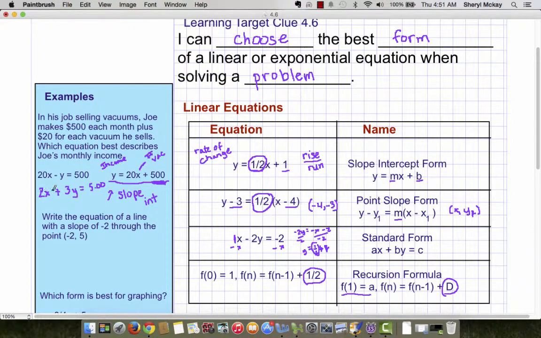And so X would be the price of the hamburgers, Y would be the price of the French fries. So in this situation, using standard form is better, okay? But neither one of these would work very well if I tried to write it in a recursive formula, would it? Let's look at the next one.